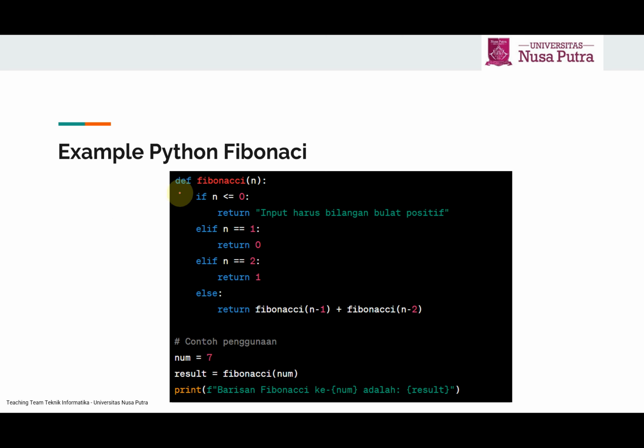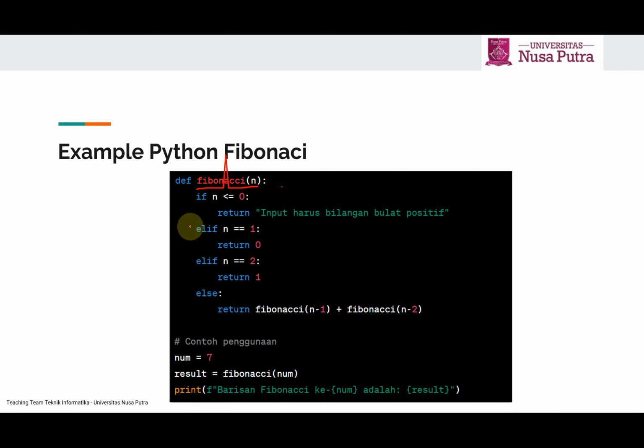This is an example of Python for Fibonacci. We have the Fibonacci function here. For n, if n is less than or equal to 0, it will return that the input should be a positive number.